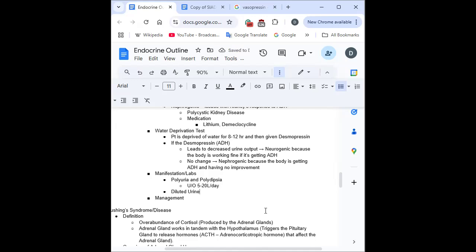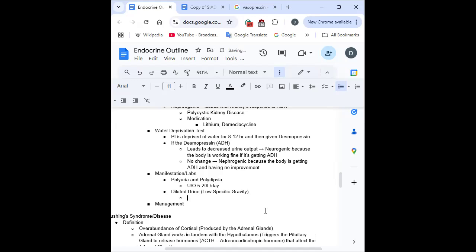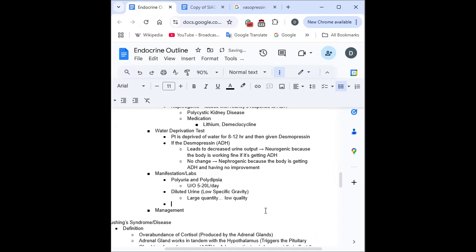They're going to have low specific gravity, so diluted urine is low specific gravity. And this is large quantity, low quality. Put it there. So what else can we see?